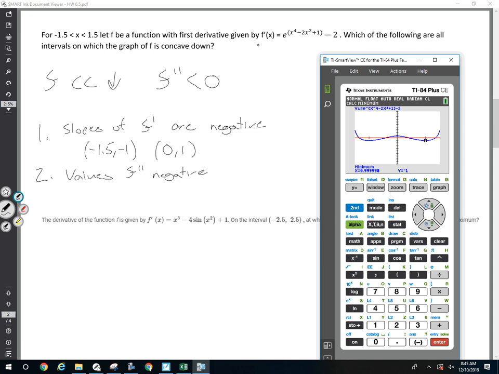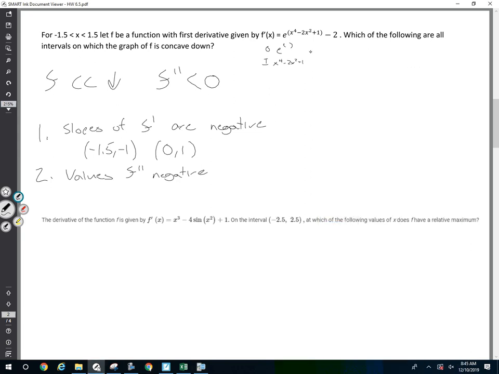Now to find f double prime, we've got an outside and an inside. The outside is e to the power. The inside is x to the fourth minus 2x squared plus 1. So this derivative is e to the power. This derivative is 4x cubed minus 4x. So f double prime equals e to the x to the fourth minus 2x squared plus 1 times 4x cubed minus 4x.